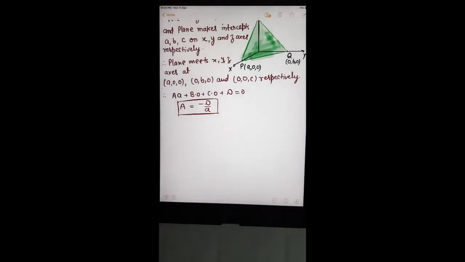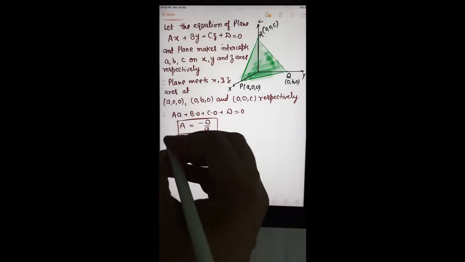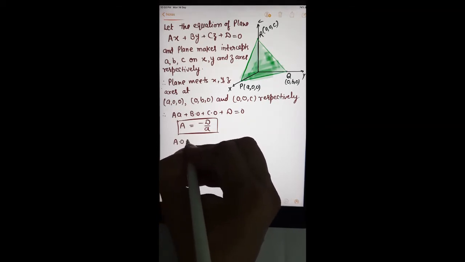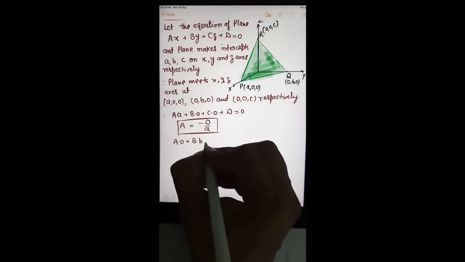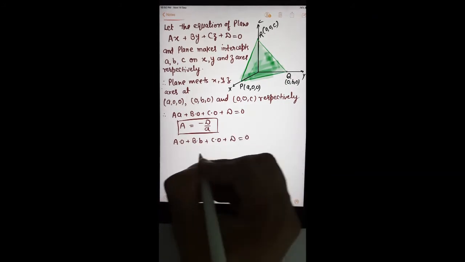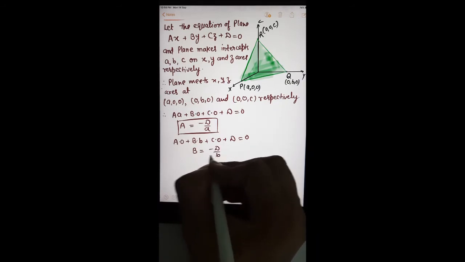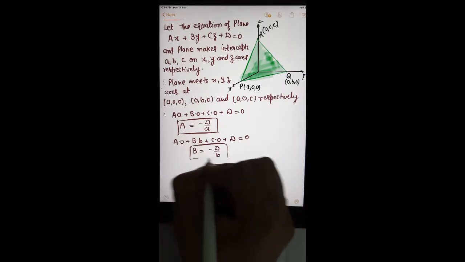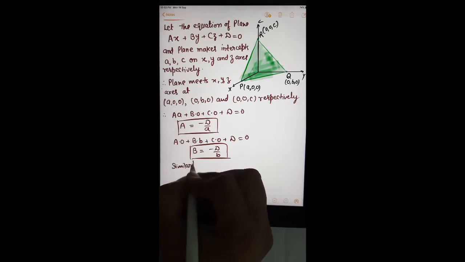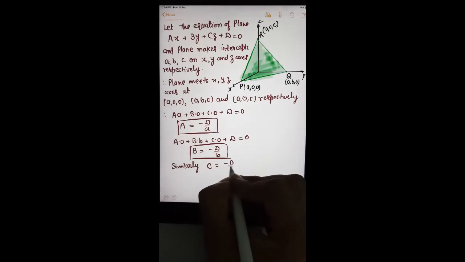In the same way, the plane is also passing through 0, b, 0. So it is a into 0 plus b into b plus c into 0 plus d equals to 0. It gives capital B equals minus d upon b. Similarly, capital C is equal to minus d upon small c.